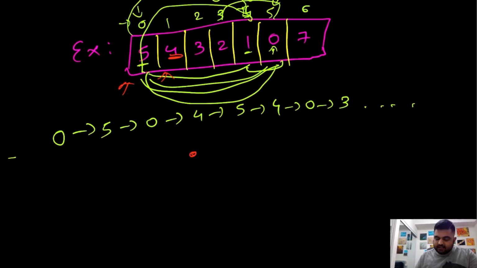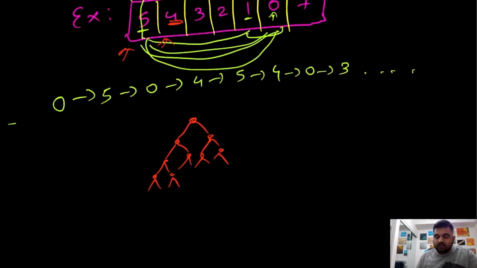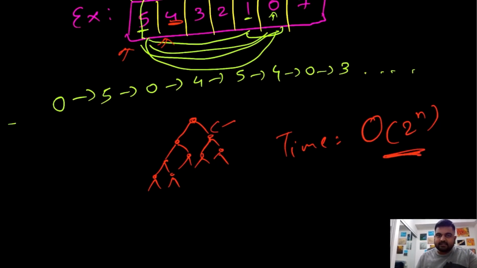Which means that if we make a decision tree, it would keep on growing with the addition of every single value, which means that we are making a lot of decisions. The time complexity in this scenario would actually be big O of 2 to the power n, because at every single position we are making two possibilities. This is a very bad exponential time complexity which we cannot allow in any scenario.